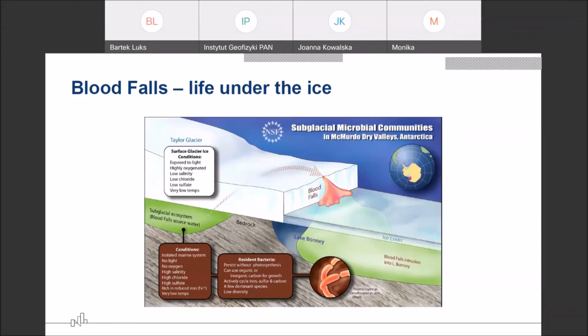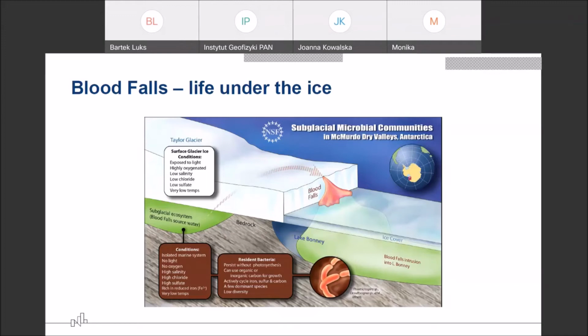And it was really interesting to see, as for many years, a lot of researchers thought that it's just water that is rich in iron, and it oxidizes when it goes to the glacier surface.